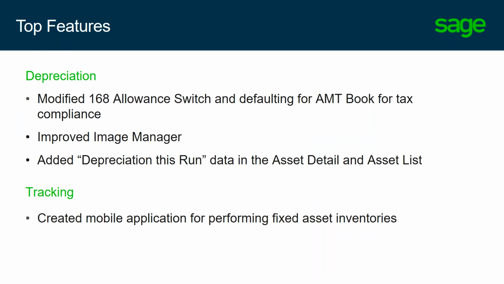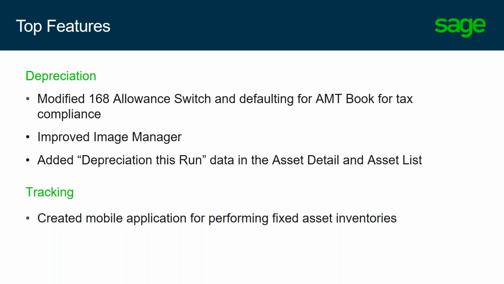So the first couple of changes I want to talk about is the Depreciation Module. One of the big changes now is, with that tax law change that came out in 2016, I believe it was, mid-year, one of the things we were not able to do is do a mass 168 allowance switch for the AMT book. So that's actually been incorporated now.